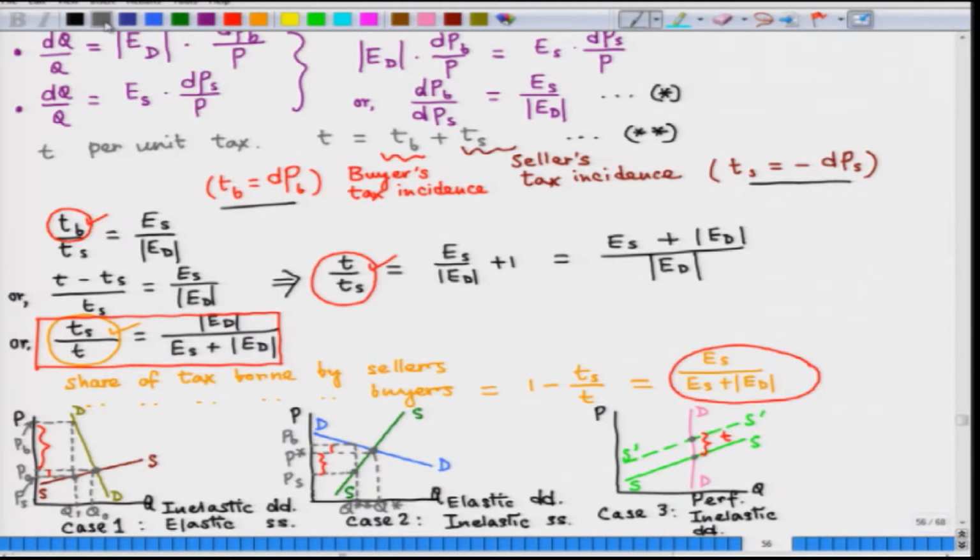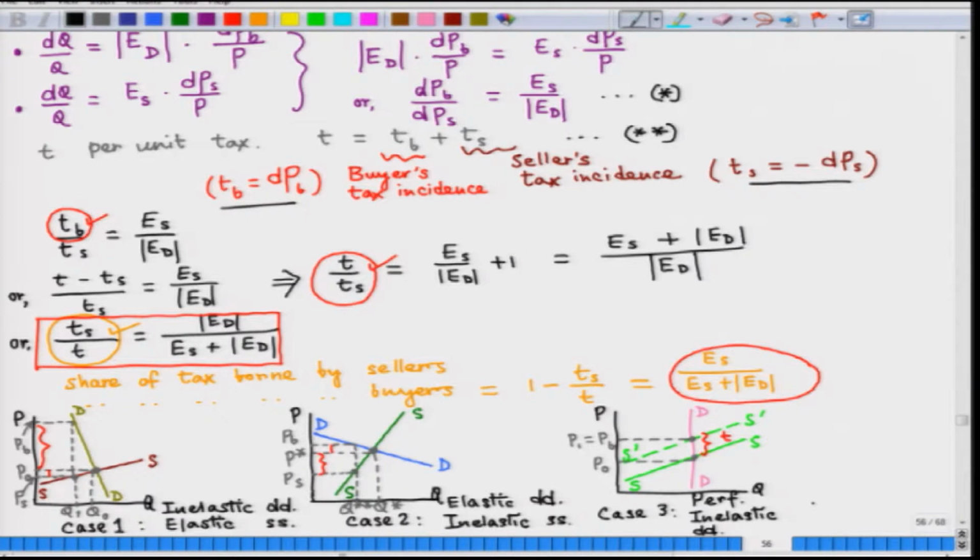Why? Because now look at the equilibrium price. Earlier it was say P naught, and now the new equilibrium is P1, but this is PB as well, right. So, here in the case of inelastic demand, the tax is totally borne by the buyer.